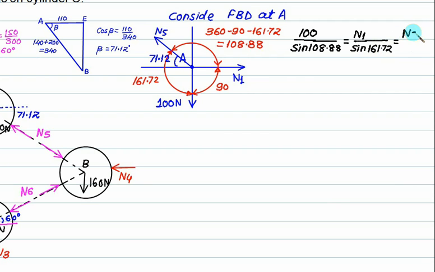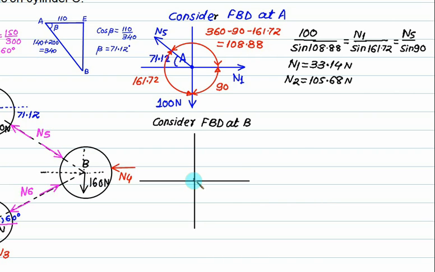For N5, you write the angle between the other two forces, that is N1 and 100. N1 is 33.14. And what is N2? It is 105.68.